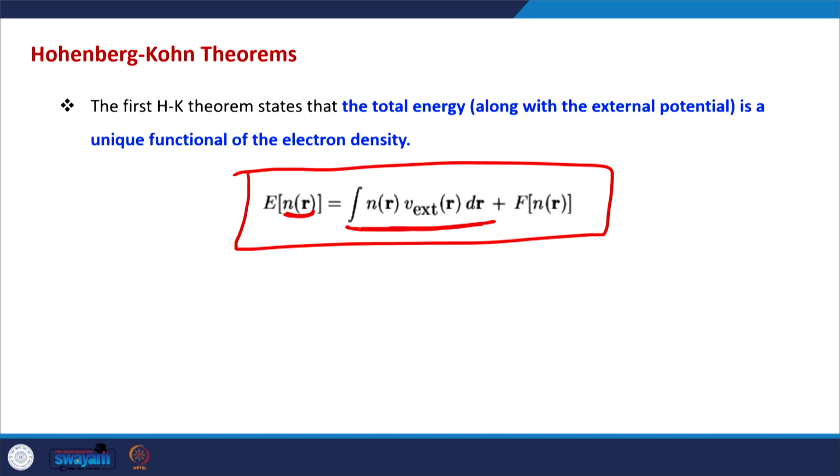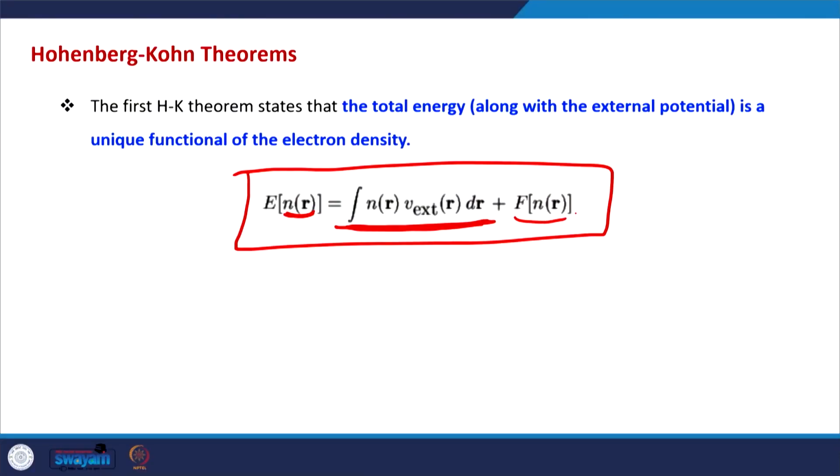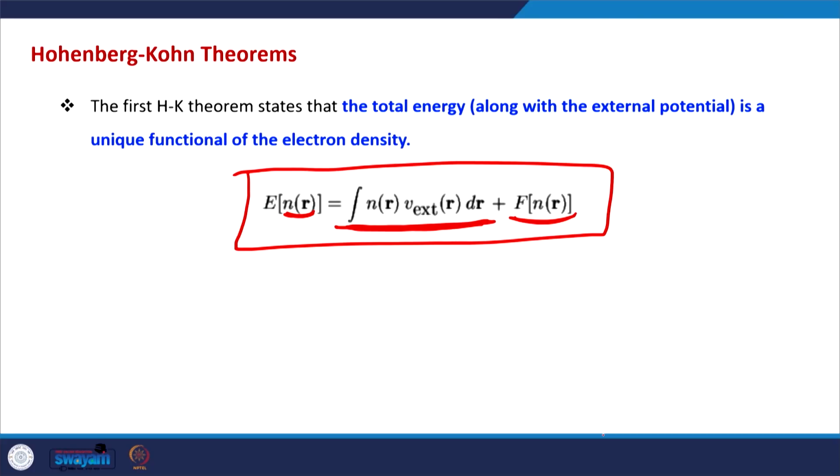One is because of the external potential. External means interaction of electrons with nuclei, with atomic cores, plus in a way an intrinsic energy functional. We'll come back to this. This is because of the electron-electron interaction in the system primarily, plus the kinetic energy, but kinetic energy is not dependent on the electron density. So it depends on the electron-electron interaction.